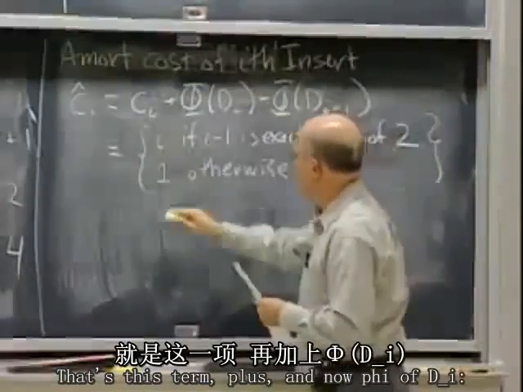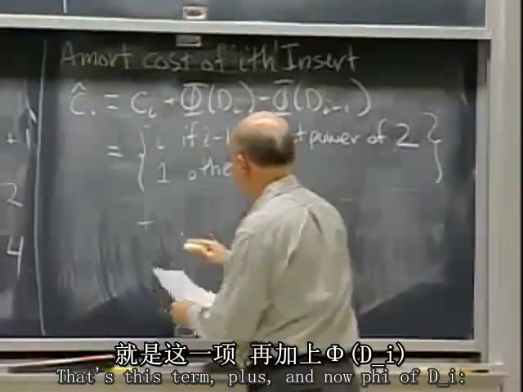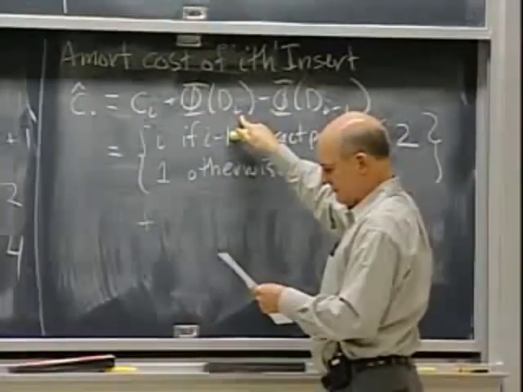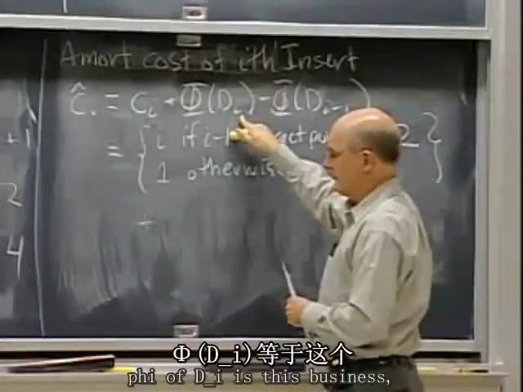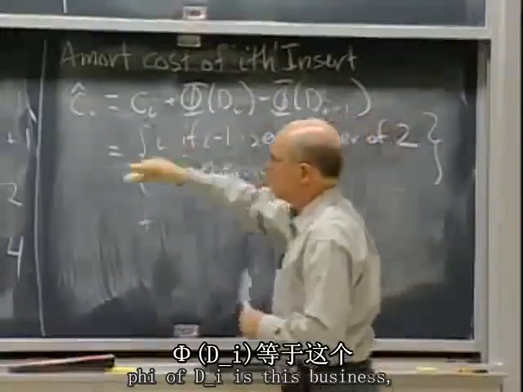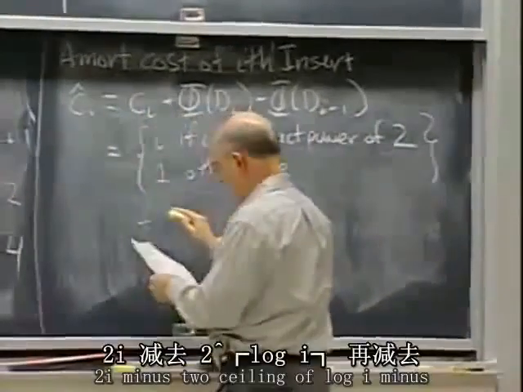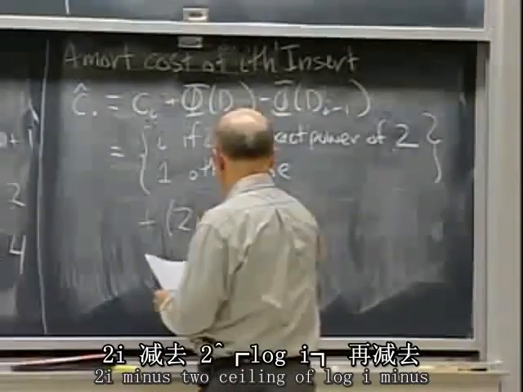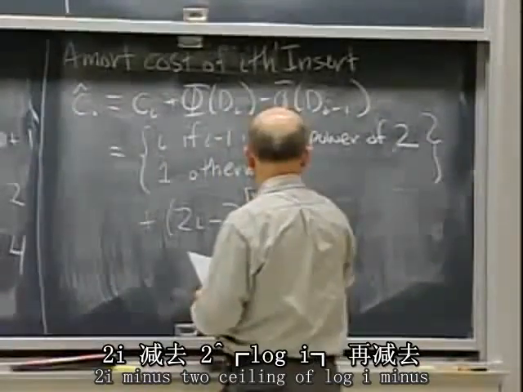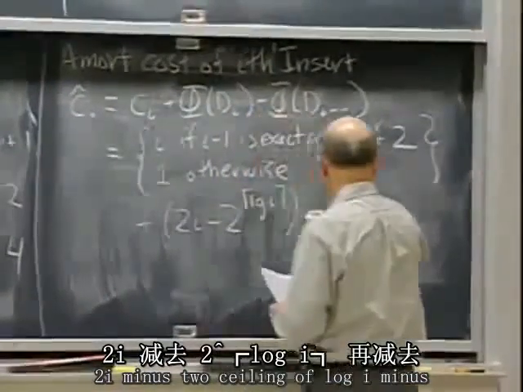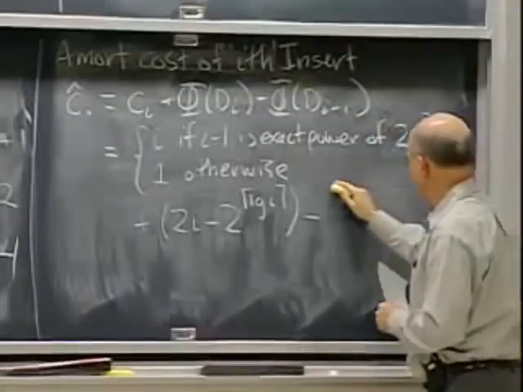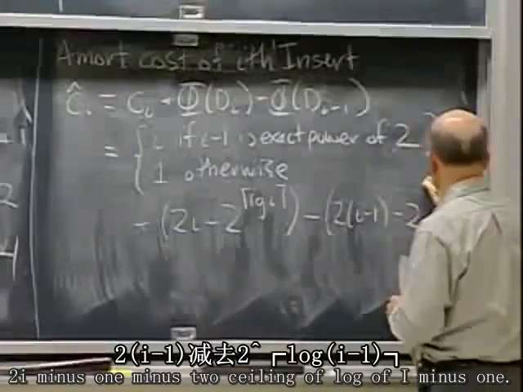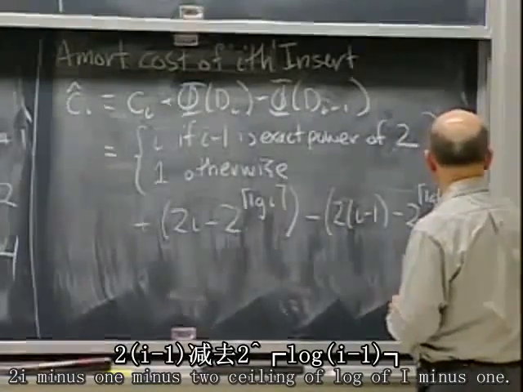That's this term. Plus, and now phi of di. So what is that? Phi of di is this business: 2i minus 2 to the ceiling of log i, minus, 2 times i minus 1 minus 2 to the ceiling of log of i minus 1.